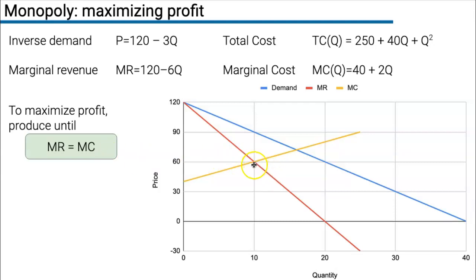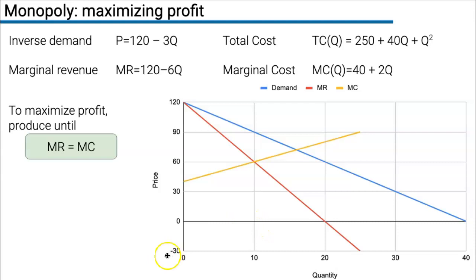Either you can plot things in Excel, and if your graph is fine enough, that means that if it contains enough different quantity values, you will be able to see at what quantity the intersection happens exactly. So you can see that in my graph that intersection takes place at quantity equal to 10.